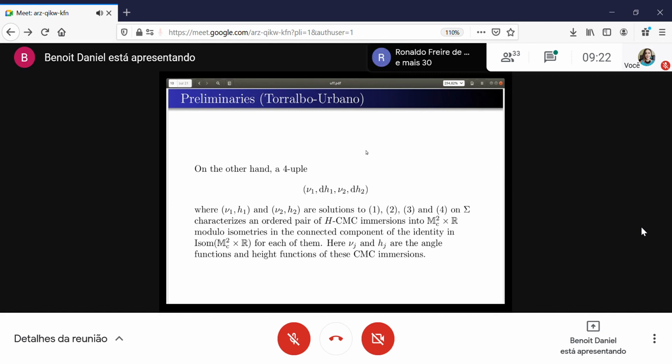Also, there is something which I'm not going to explain in detail. All this is, of course, modulo isometries in the connected component of the identity. It means we can apply direct isometries in each factor.